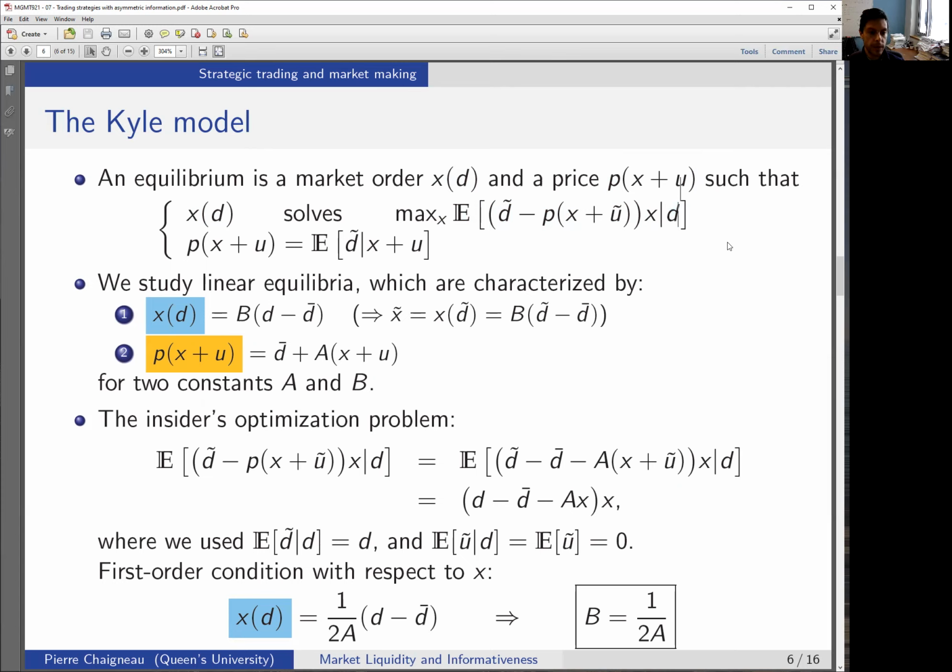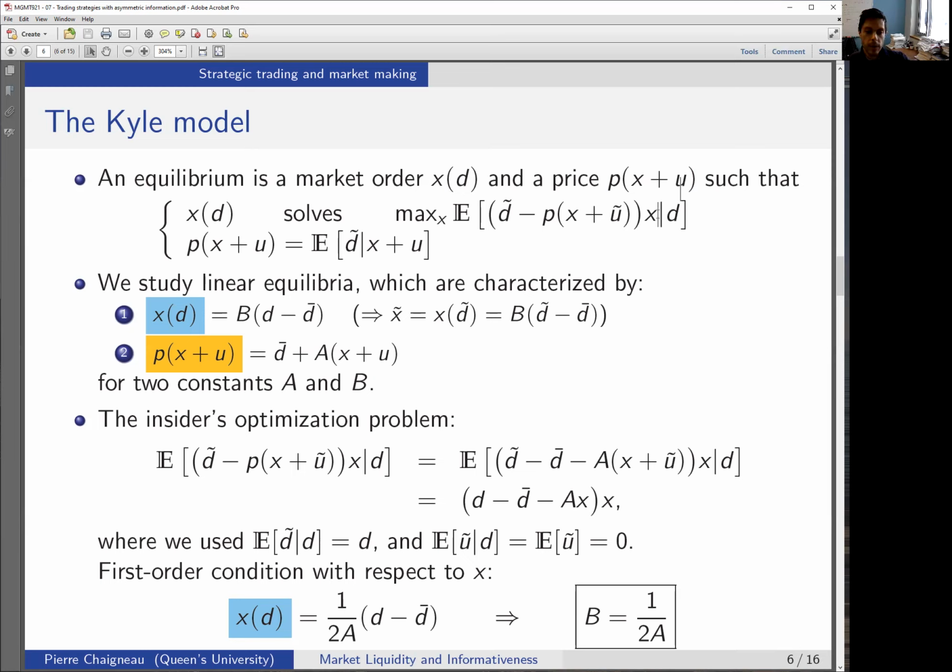So what are the profits of the insider? Because the insider is risk neutral, expected utility is simply equal to expected profits. The profits are going to be two things. The insider is going to own some assets.